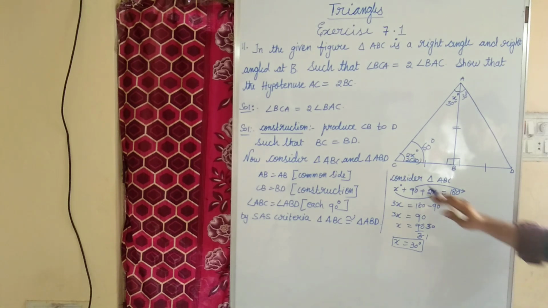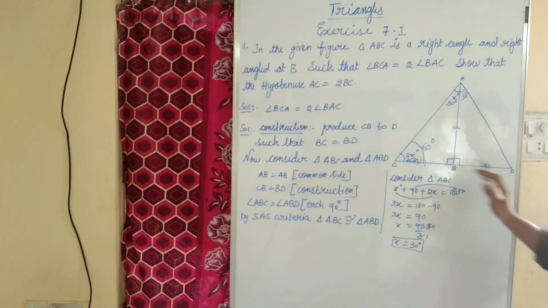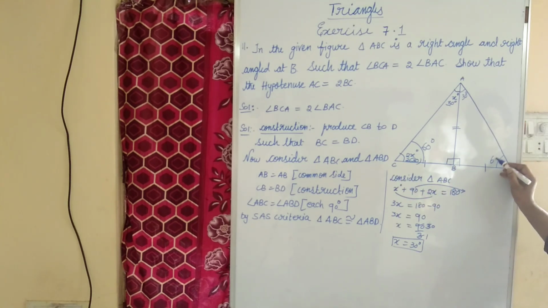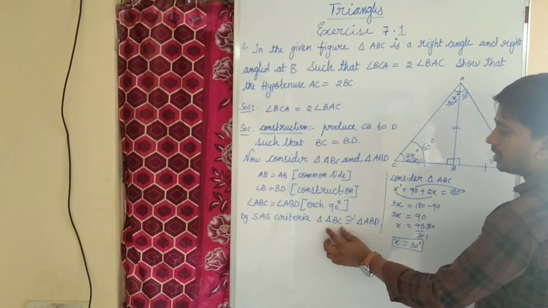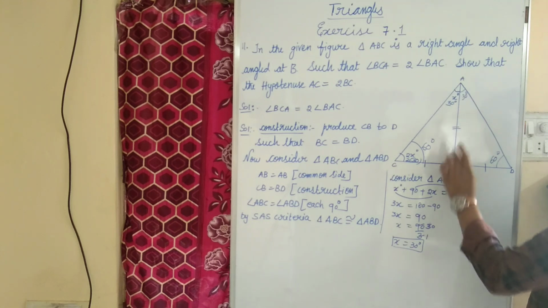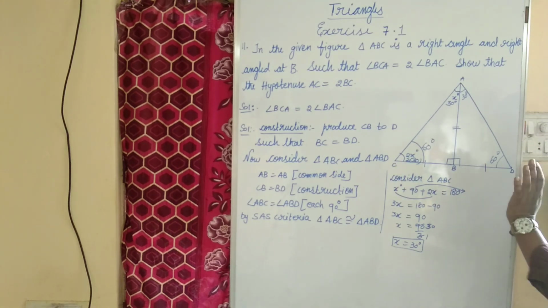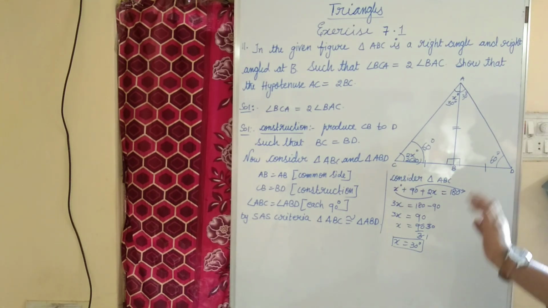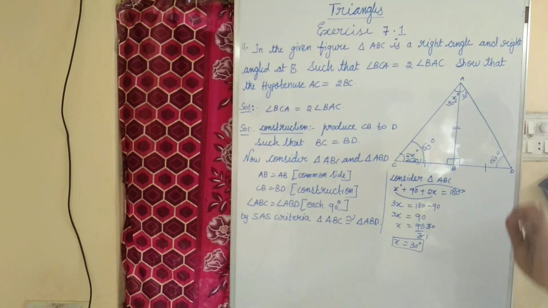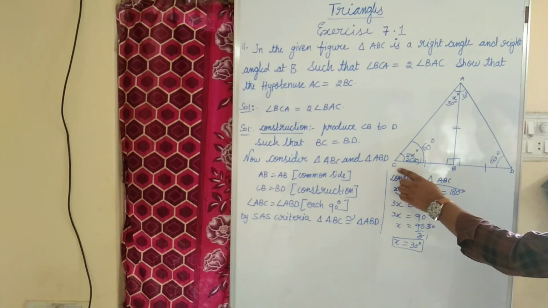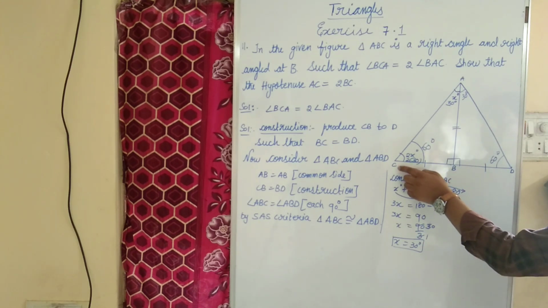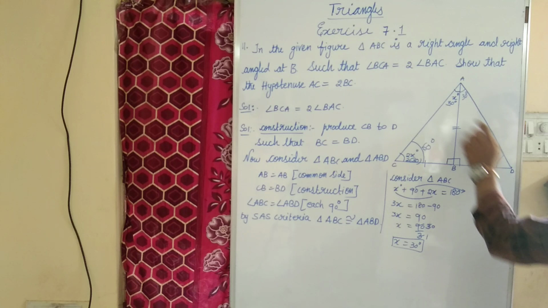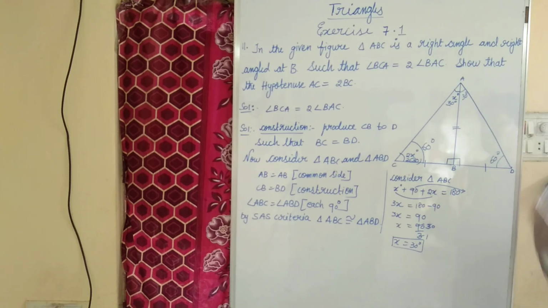And corresponding angle of C is D. We got angle C 60 degrees, then angle D is also 60 degrees. And we know that CAB equal to 30 degrees, then DAB also 30 degrees.